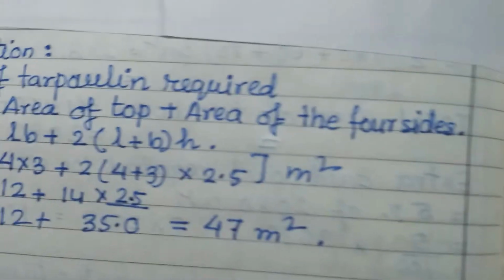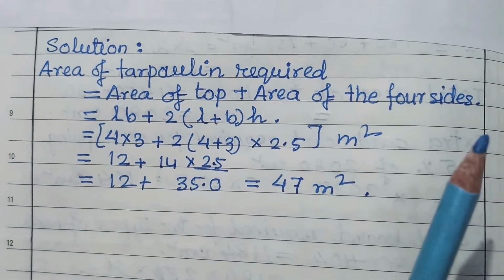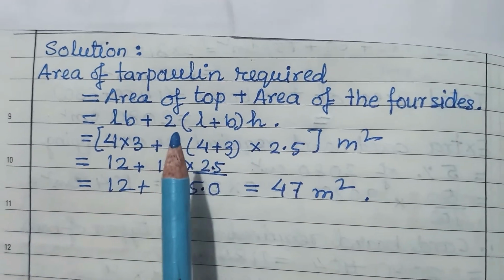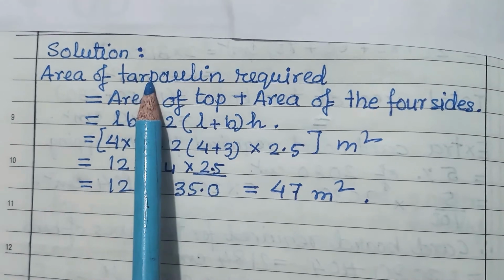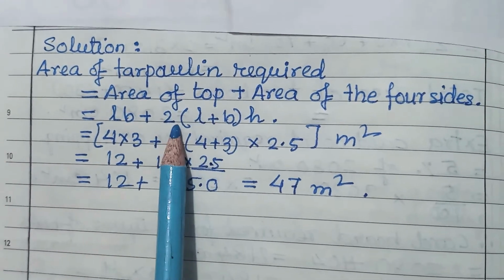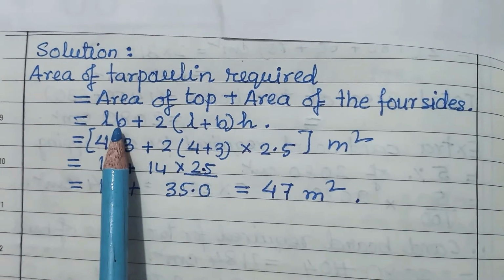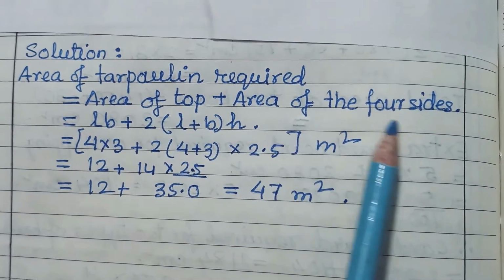Now the solution has been given here. Area of tarpaulin: a cuboid type of form has been given here, where the base is not required, therefore 4 walls and the ceiling. Ceiling means the top, so area of top plus area of 4 walls.